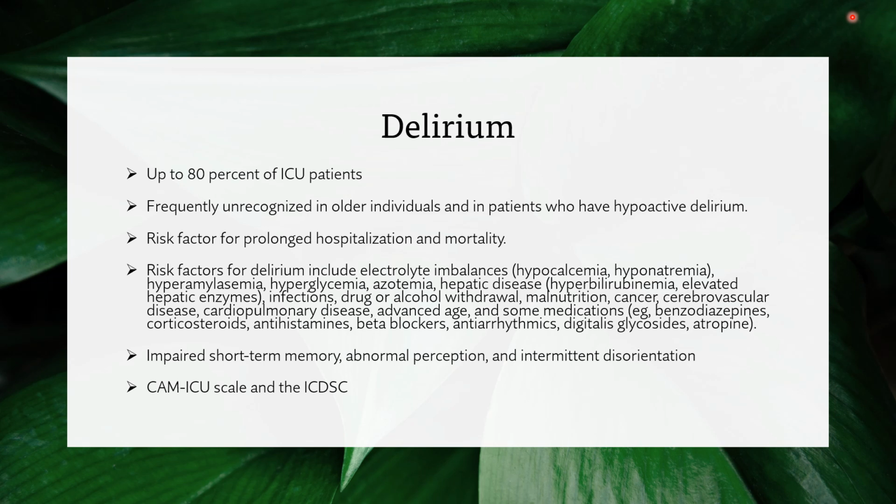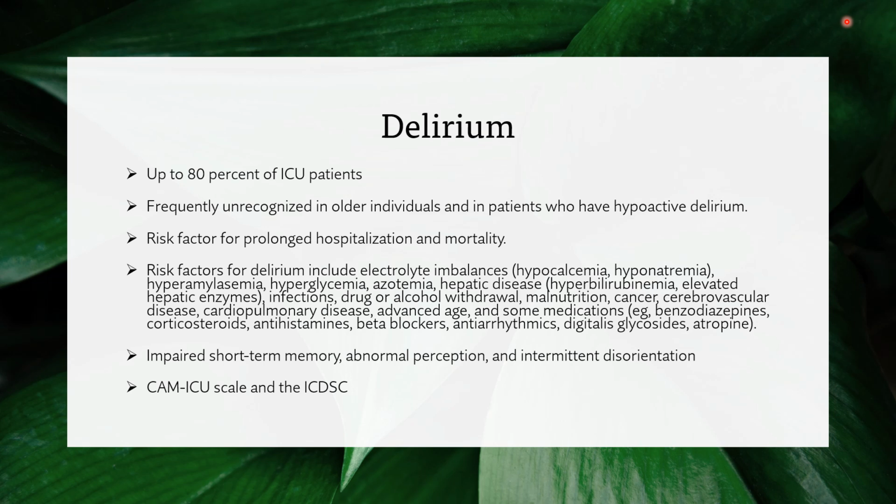In the acute phase, delirious patients have impaired short-term memory, abnormal perception, and intermittent disorientation, which is usually worse at night. The assessment tools are used with the understanding that the level of arousal may affect accurate assessment. This includes the confusion assessment method for the intensive care unit or CAM-ICU and the intensive care delirium screening checklist or ICDSC.